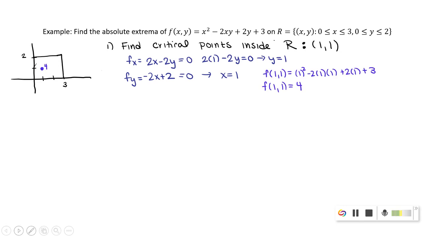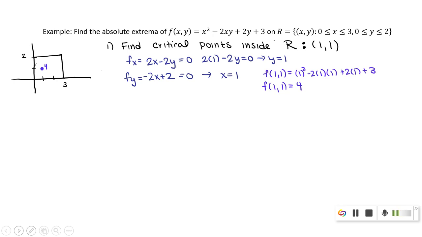So the point (1, 1) is a critical point, and I drew it inside that region to illustrate that that critical point is inside the region. If I got an answer like x equals 4, y equals 1, that's not inside my rectangle. I wouldn't consider it. Okay, so I have the critical point (1, 1).